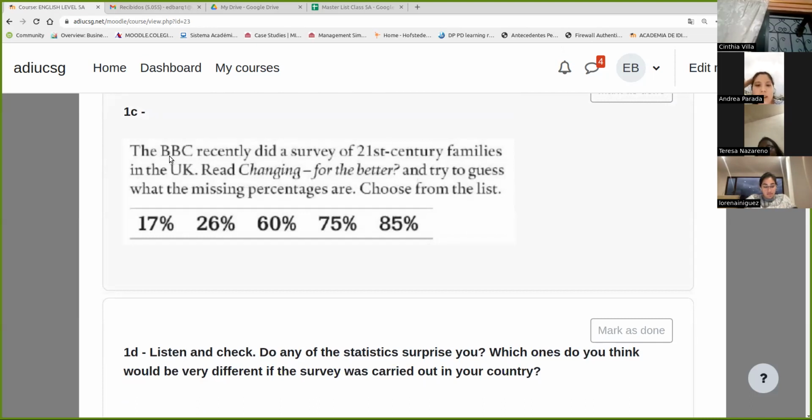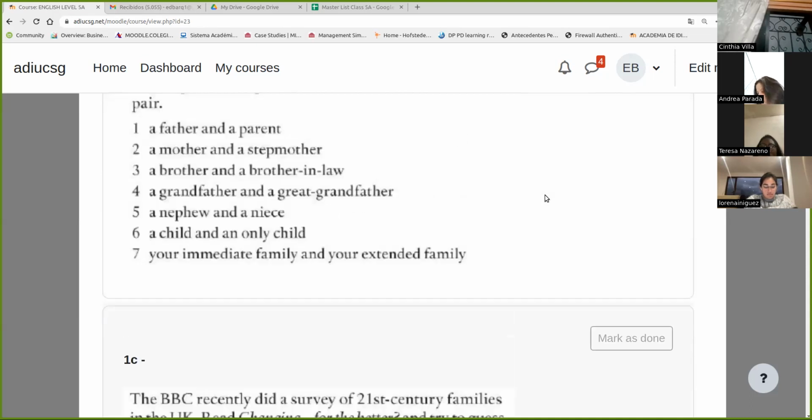The BBC recently did a survey of 21st century families in the UK, the United Kingdom. Read Changing for the Better and try to guess what the missing percentages are. Choose from the list: 17, 26, 60%, 75, and 85%.